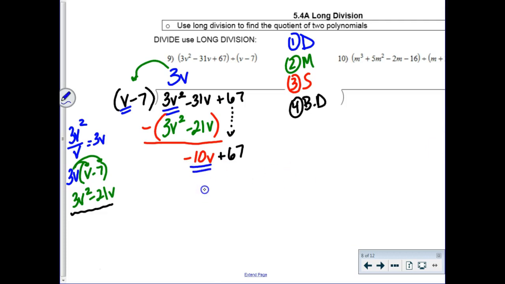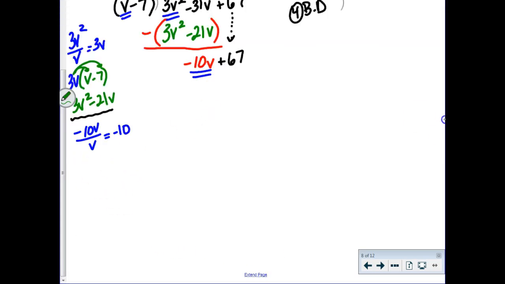Now we have a negative 10v being divided by v. So negative 10v divided by v is negative 10. That's part of your answer. So now this negative 10 gets distributed in. I think it would really help some of you if you wrote that right here. So negative 10 times v minus 7, which is negative 10v plus 70.